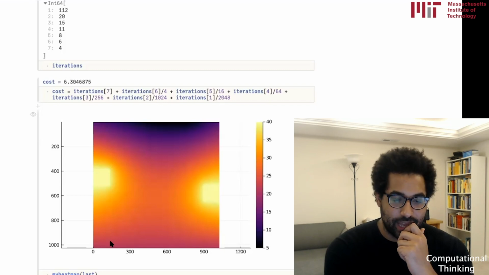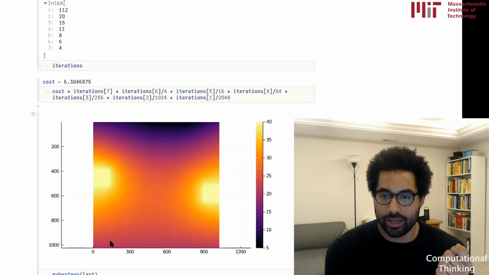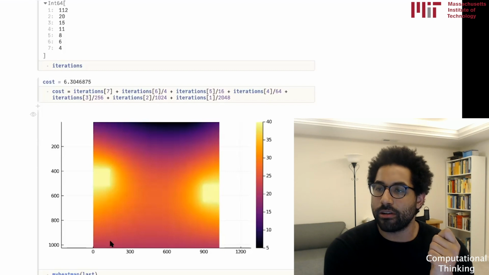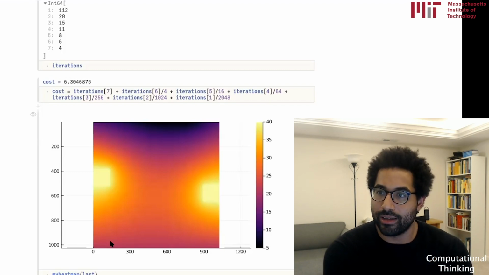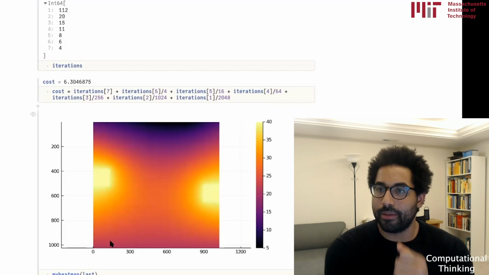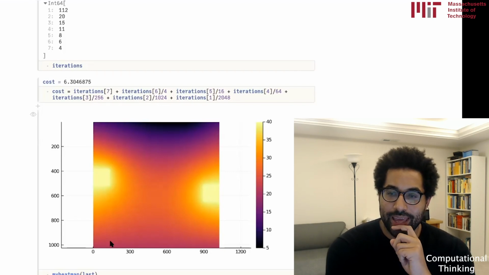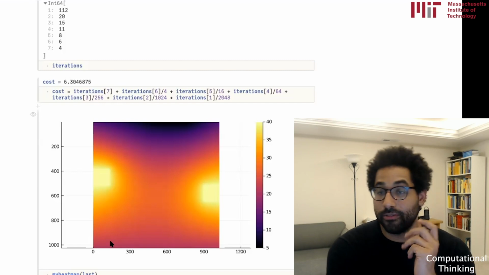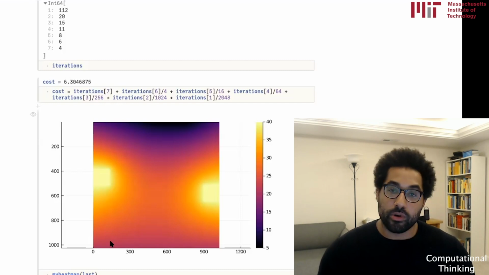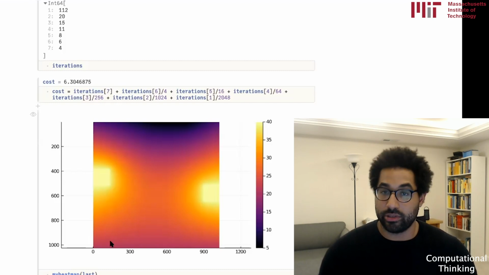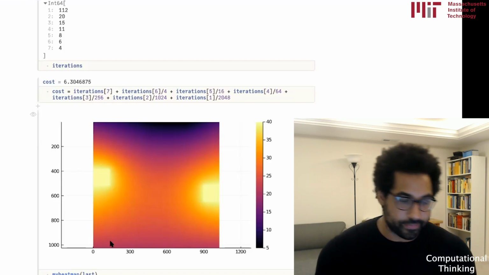You can take your approximate solution, look at its error, and map that back down to a coarse grid to further speed up your computation. Procedures like this are called V cycles. There are also things called W cycles, which I encourage you to look up on Wikipedia, which are more sophisticated versions of what I've shown you today.